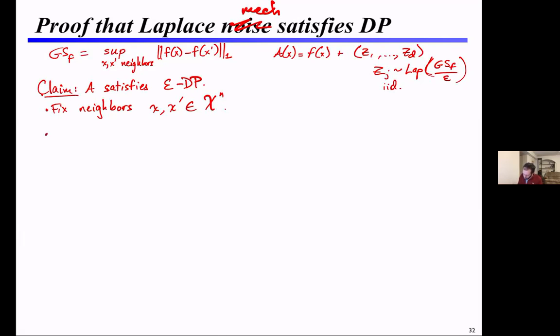And now we're going to proceed similarly to the way we did with randomized response. We're going to look at the probability, or more formally the probability density, with which some particular output is produced. So let's write down the probability density of a run on input x.